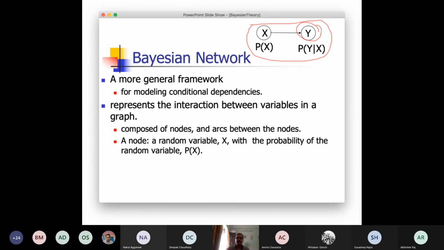What is important here is that in this node, we are associating information called the probability of x. This means the probability of occurrence of this random variable, or if it's a variable, then its probability distribution is also associated. On the other hand, for y, we provide the information in terms of conditional probability, probability of y given x.